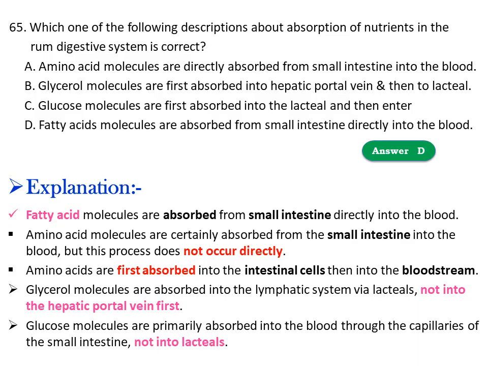Amino acid molecules are certainly absorbed from the small intestine into the blood, but this does not occur directly. Amino acids are first absorbed into small intestinal cells, then the bloodstream. Glycerol is absorbed into the lymphatic system via lacteal cells, not into the hepatic portal vein first. Glucose is primarily absorbed into the blood through the capillaries of the small intestine, not into lacteals.